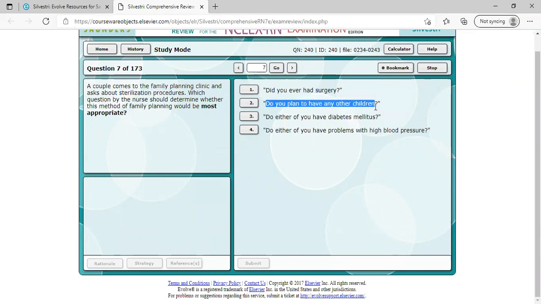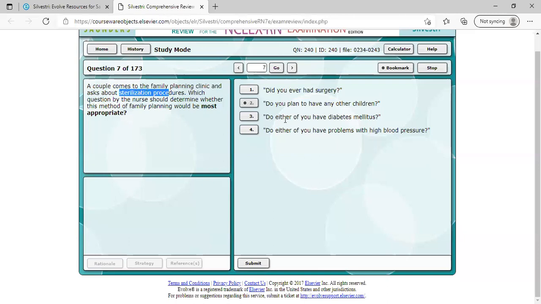It is a very good question. Because after the sterilization procedure, if you want to continue the pregnancy, it is not possible because it is a permanent procedure. You have to make sure how many babies they have, or whether they have a desire to have another baby. So it is a very good question to ask for this.